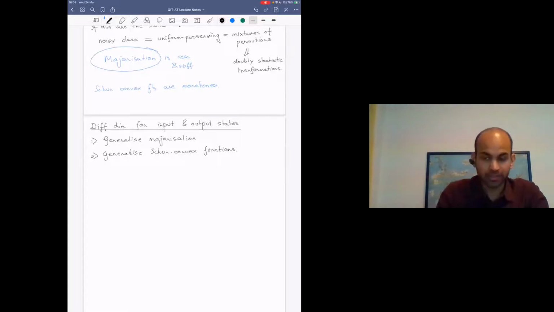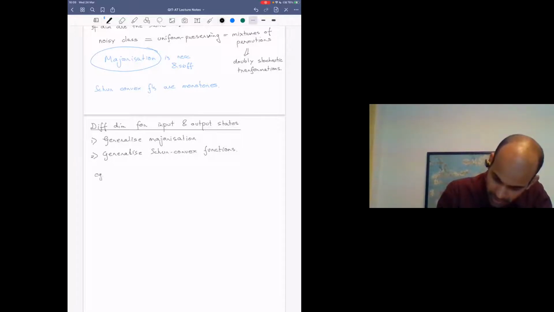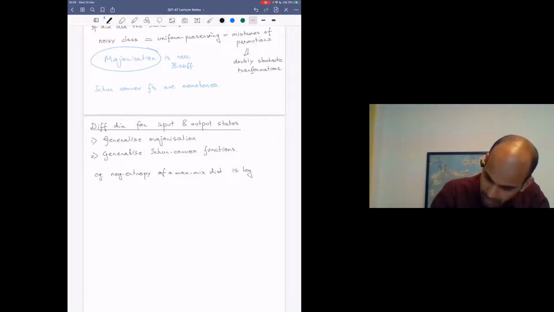Right, and one of the ways of seeing that our original Schur-convex functions don't actually work is take the negative of the entropy. So the negative of the entropy of a maximally mixed distribution or uniform distribution is minus log of the dimension.